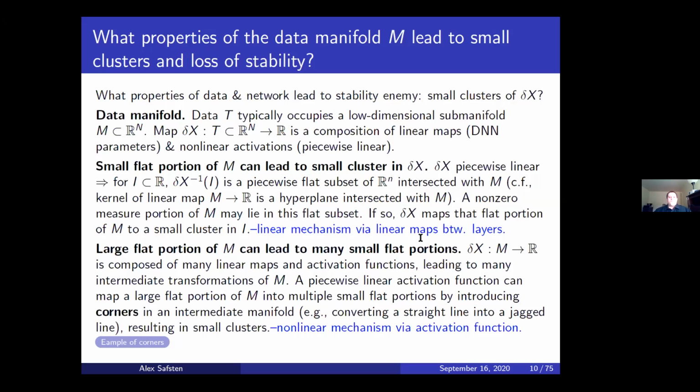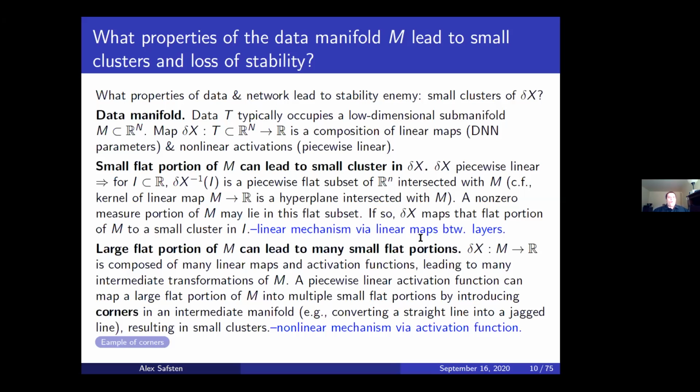So if we have a small cluster that is contained in a narrow interval, then if we map this cluster back to the space of the data via the delta X map, we obtain a piecewise linear set intersected with M. Therefore, if the data manifold has a small portion of itself that is contained inside a hyperplane, that is, a small portion of it that is flat, then that small flat portion might map forward to a narrow interval, forming a small cluster.